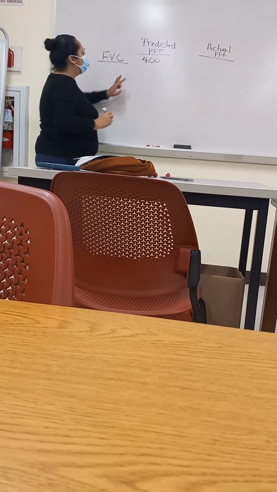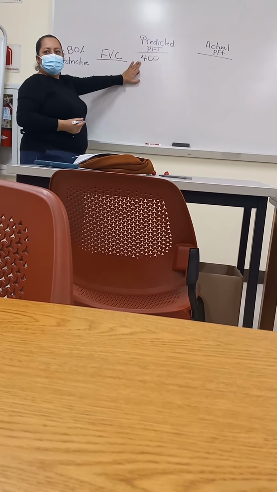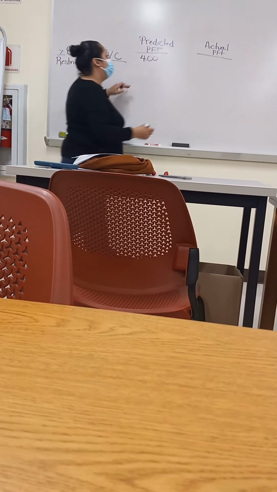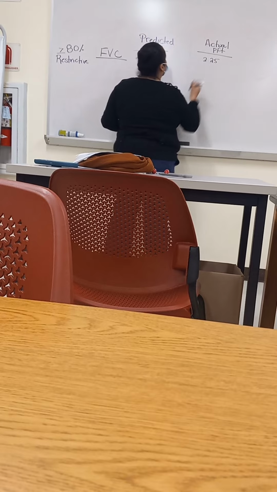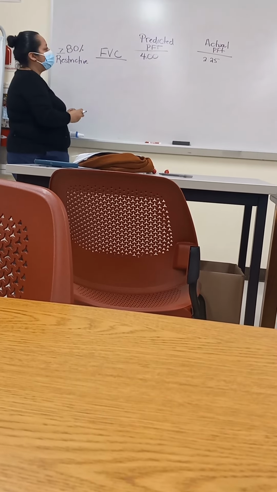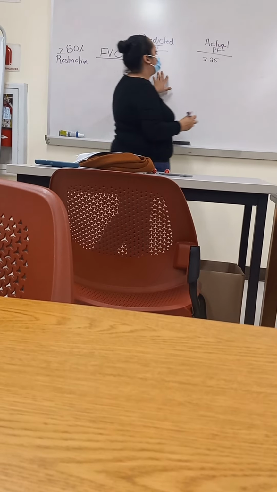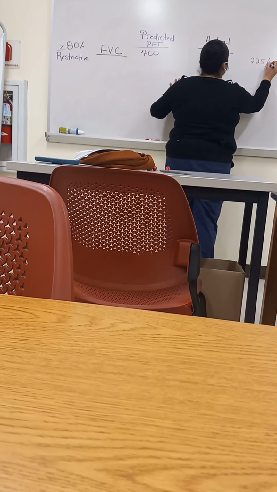My predicted PFT is what my patient should be getting, and when we did the forced vital capacity, they got 2.25. So to get your percent, you have to divide your actual over your predicted. So 2.25 divided by 4.